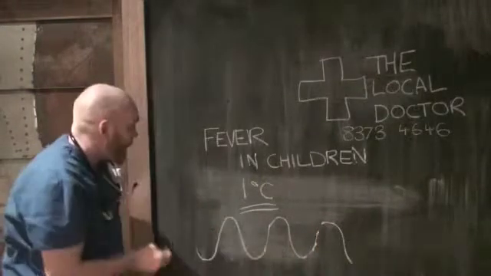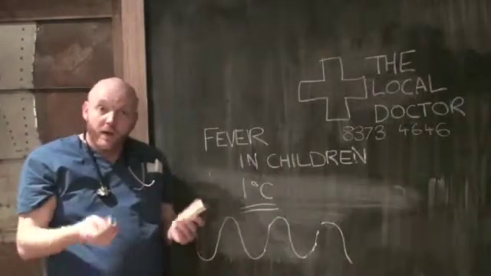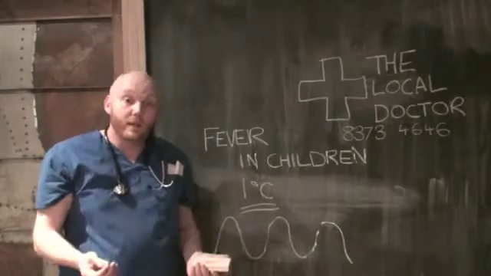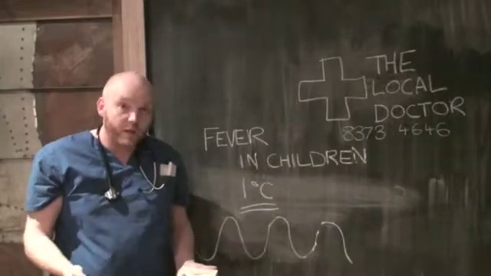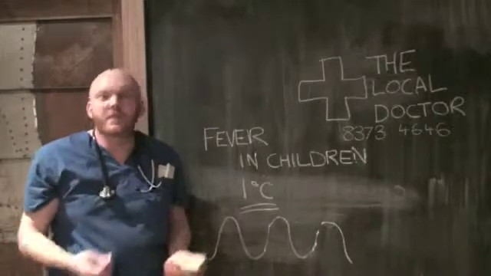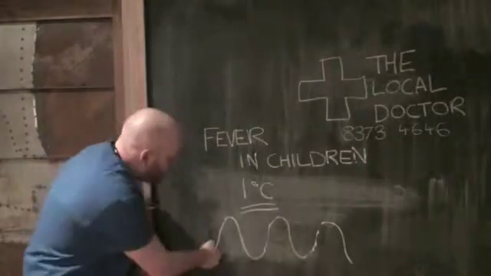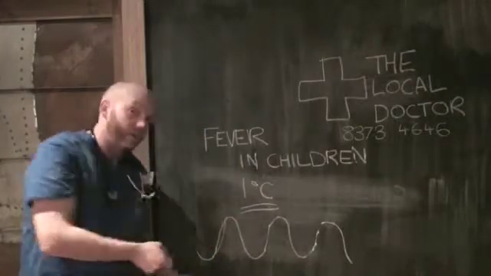Now, temperature normally goes up and down, like that. And the reason why we think Panadol and Nurofen work so well is we often check a child's temperature when they become quite irritable and grizzly, and that's usually on the sharp upstroke of a fever.